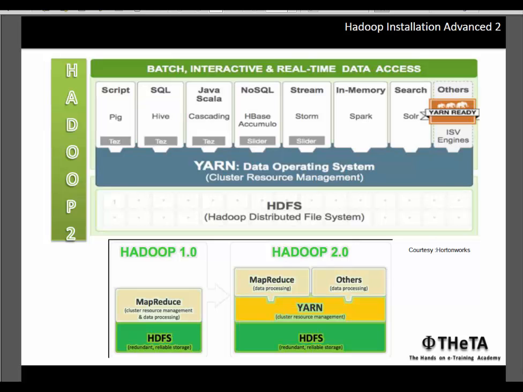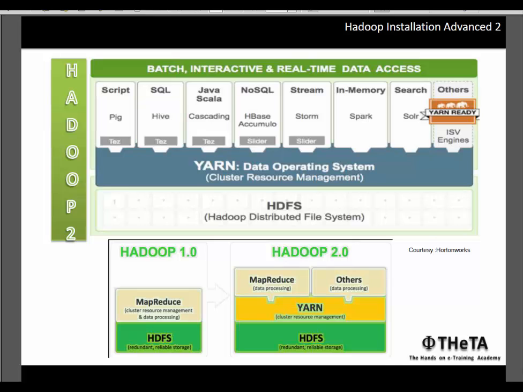If you see on top of the image, you can find all the Hadoop ecosystem components like HBase, Hive, Pig, Cascading, and Storm, Spark, etc. All these things are part of the Hadoop ecosystem, right? And the most important thing about YARN is you can host any other application onto YARN, right? It's not only part of the Hadoop ecosystem.